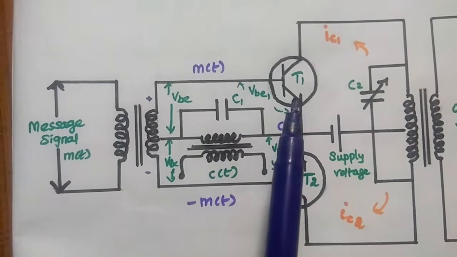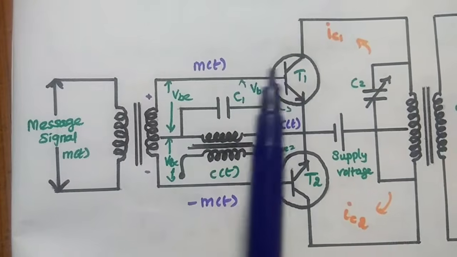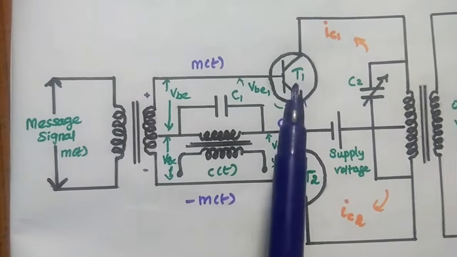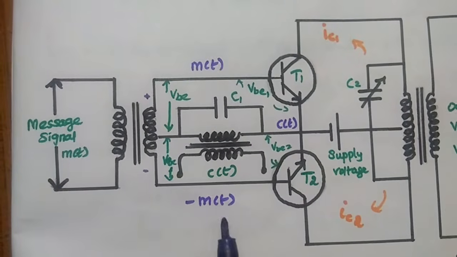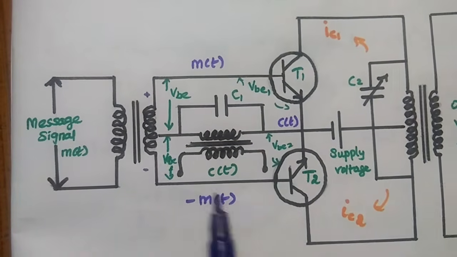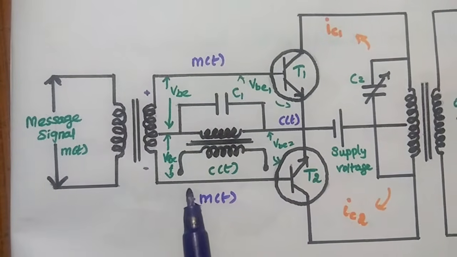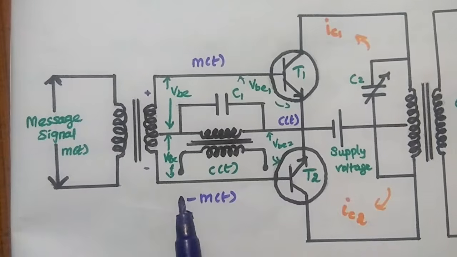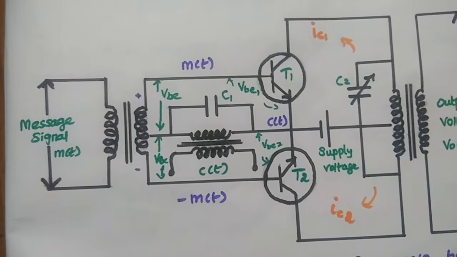For this T1, the modulating signal is given as such, like M of t. For this second transistor, the message signal is given as minus M of t because we are giving the input signal through the lower portion of the transformer. Okay, so it is minus M of t.